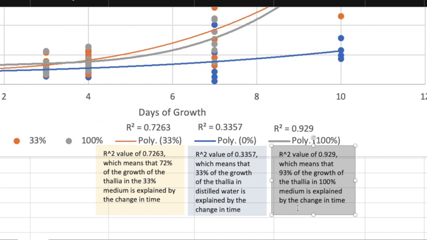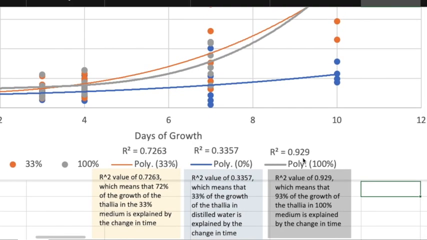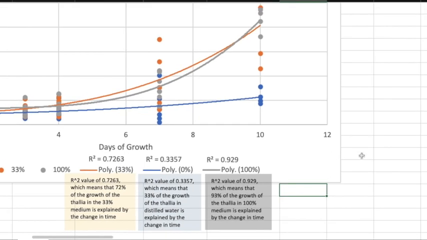So that's how you could write up an interpretation of that data and how reliable it is using those R-squared values. If you do that R-squared analysis, you are looking at the reliability of your data points. It doesn't always line up with standard error.